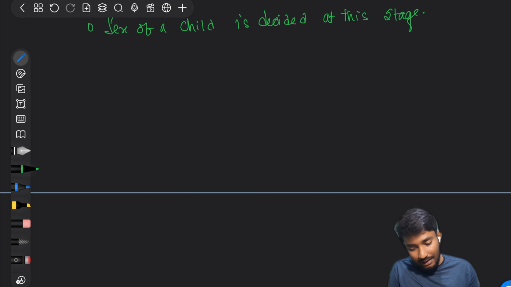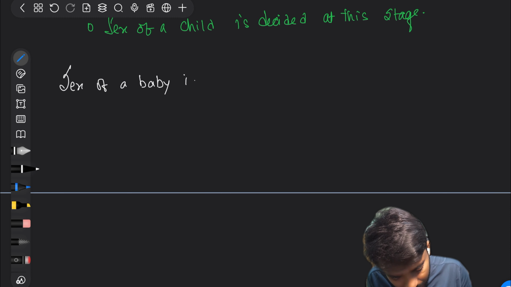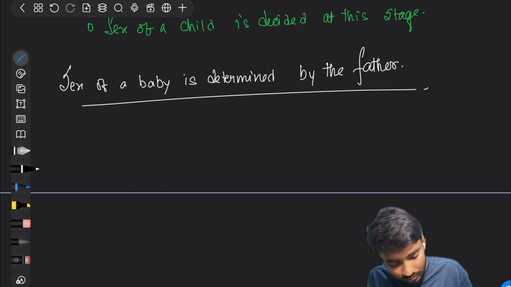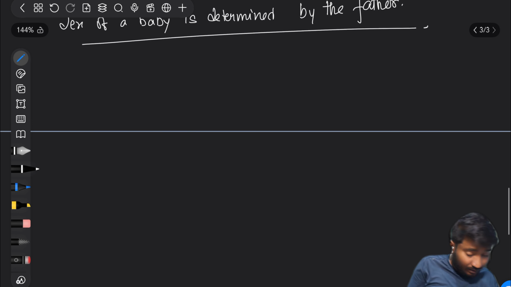Okay. Now, how is the sex of a baby determined? Basically, it is determined by the sperm of the father. Sex of a baby is determined by the father.